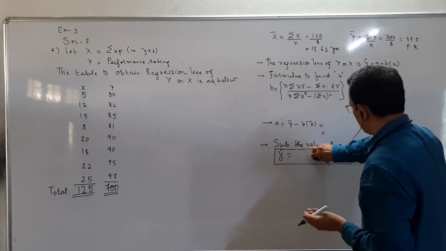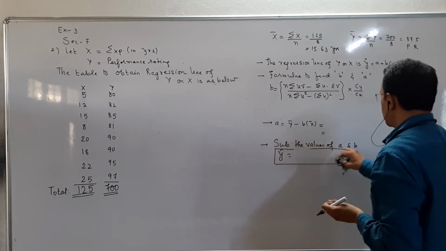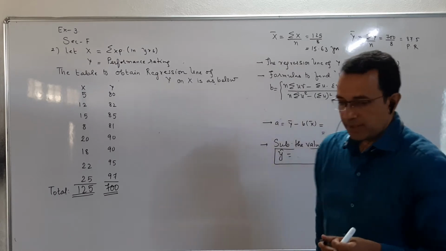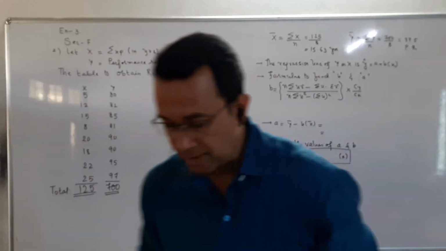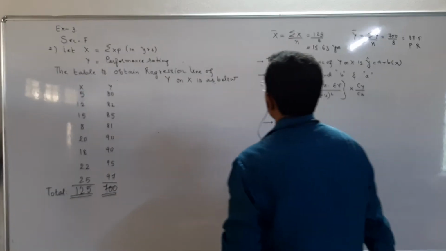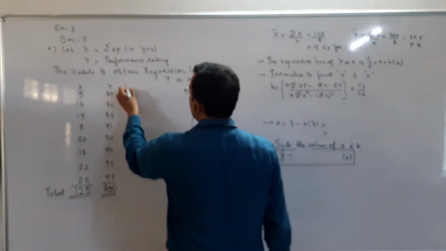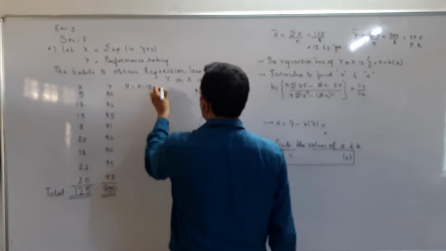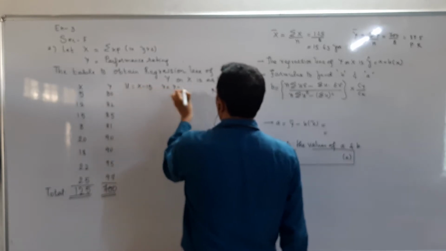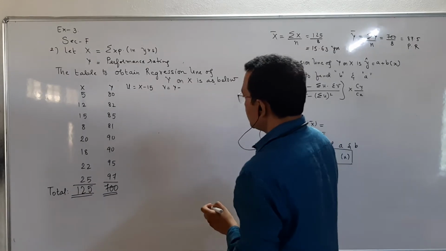In this box also A and B will change. Now students, our x bar is 15.63. So u is equal to, let us take x minus 15 and v is equal to y minus 87.5.